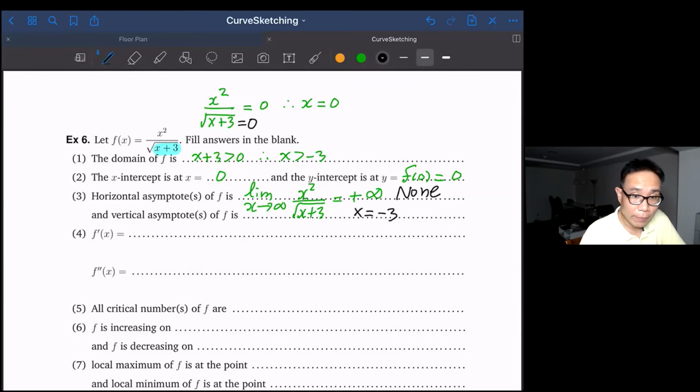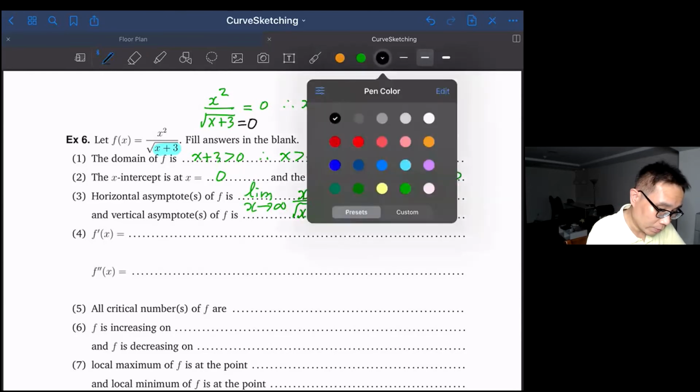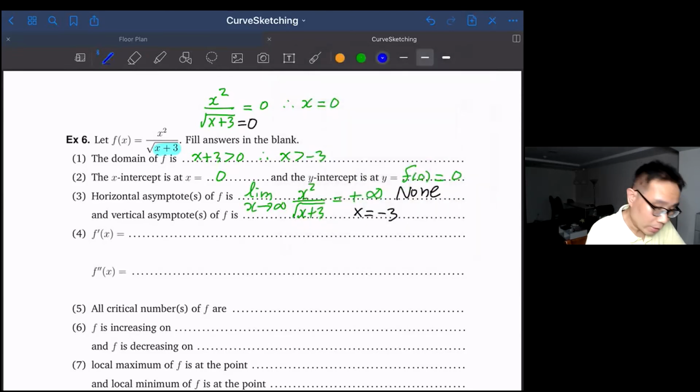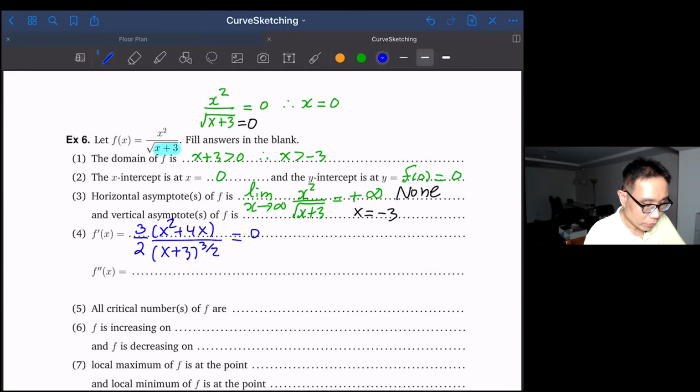For f prime, okay, let me differentiate this one for you. So that's a kind of huge derivative. It's going to be (3/2 x squared plus 4x) over (x plus 3) to the 3/2. Okay. So by using the quotient rule and setting this equal to 0, you would get x plus 4 equal to 0.